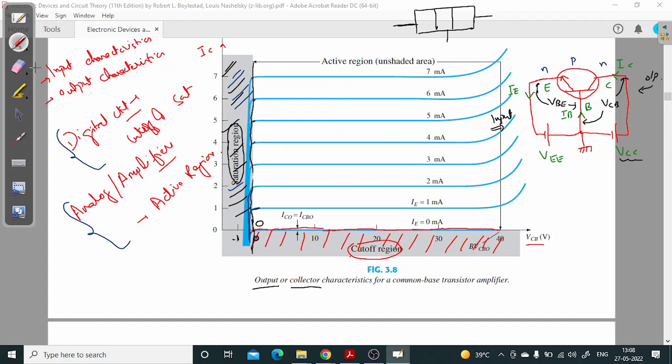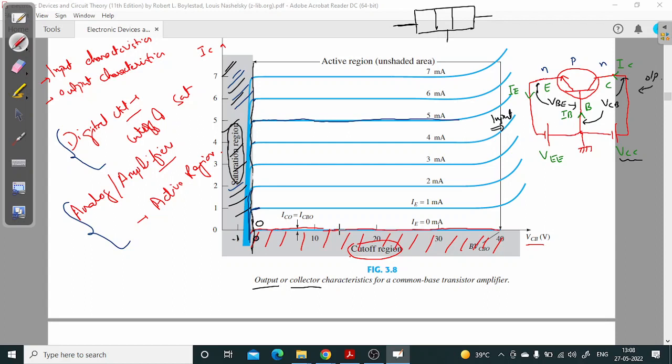Okay, so what is there in the active region for any case? For example, in this one, in the active region the curve remains essentially constant for a sufficient range of VCB.